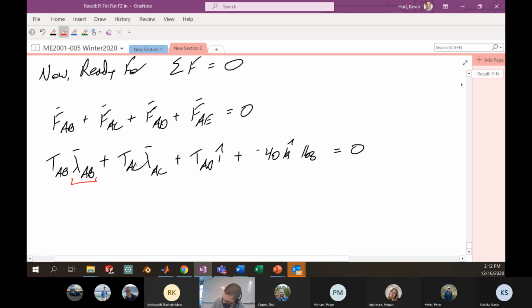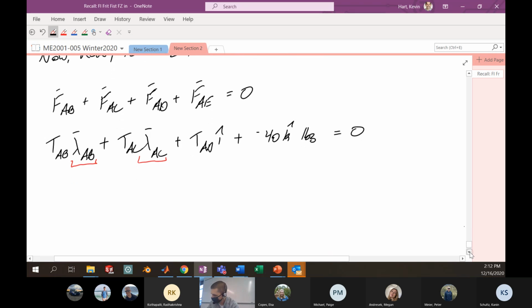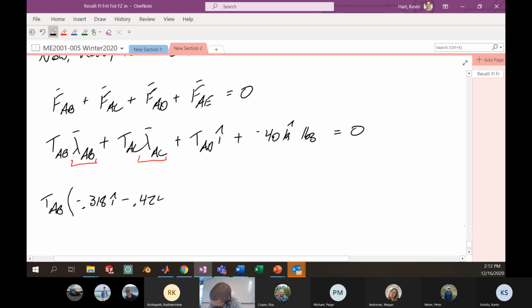Now these we know. So we could expand and write these guys out. Let's do that now, just so we see what's going on here. All right, so the tension in AB multiplied by the unit vector governed by AB. This is something we found last time: negative 0.318 i hat minus 0.424 j hat plus 0.848 k hat.